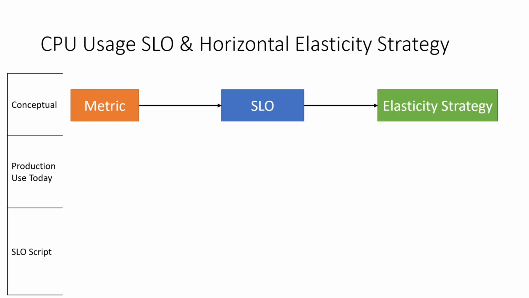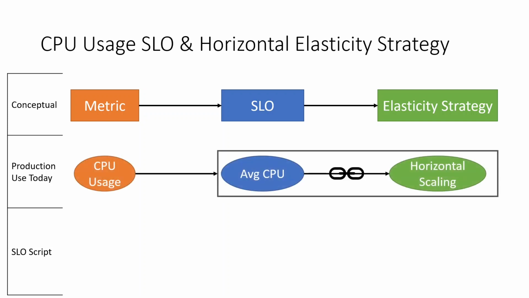What we see commonly in production use today is monitoring of very simple parameters, such as the CPU usage. And this is then fed into, for example, an average CPU SLO, which is tightly coupled to an elasticity strategy. So in this case, horizontal scaling.